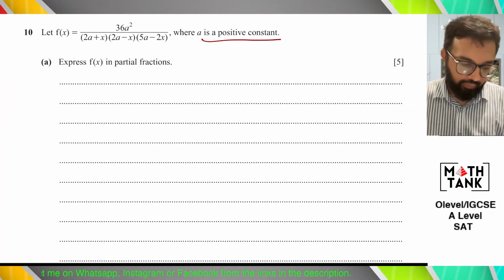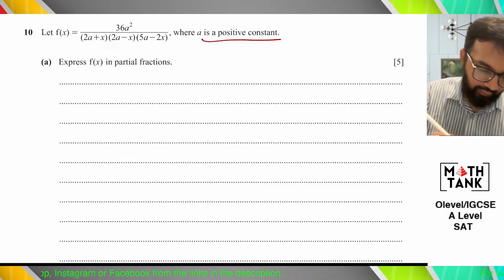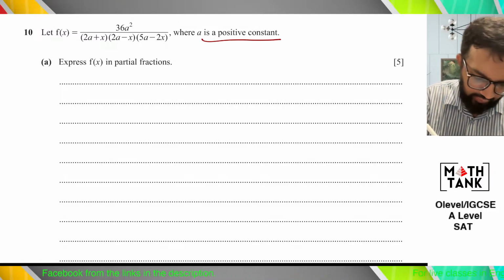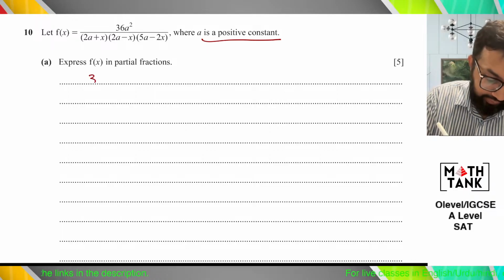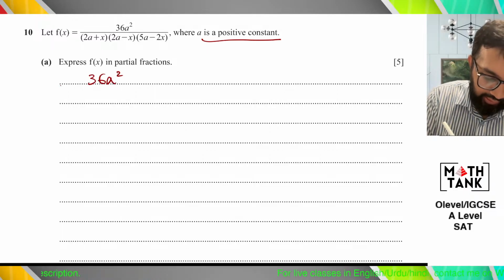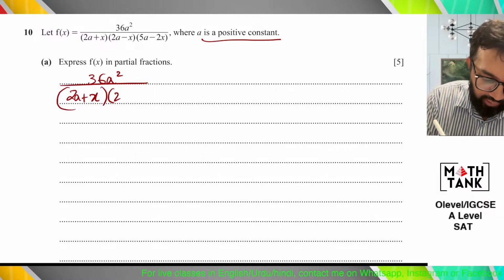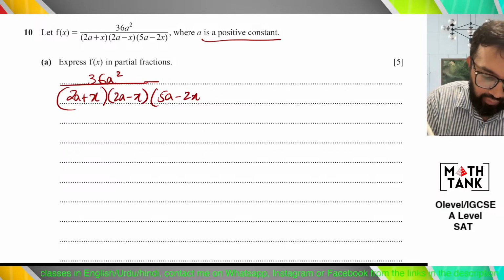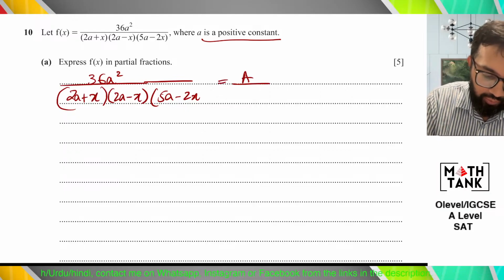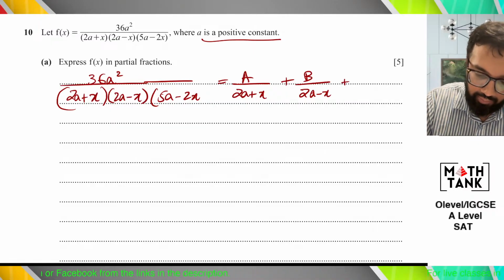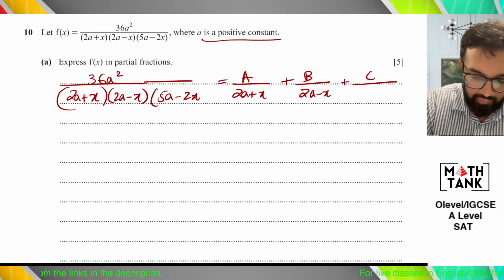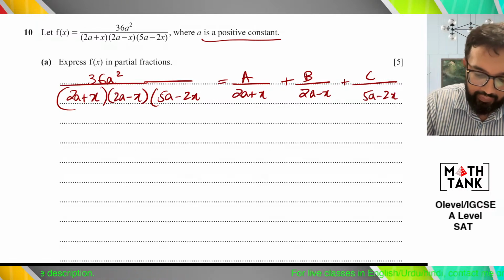Okay, then we have partial fractions. Let's start solving this. This is a simple, this 3 linear factors. लेकिन ये सारे a में है, so it's probably going to bother me a little. So A over 2a plus x plus B over 2a minus x plus C over 5a minus 2x.